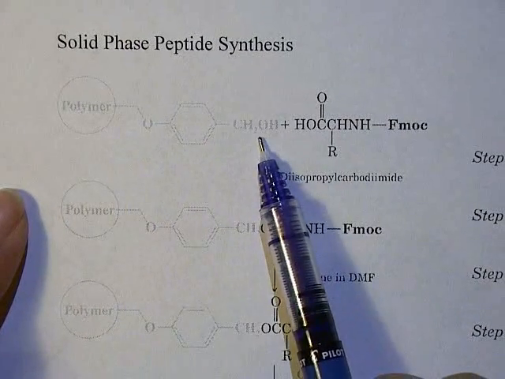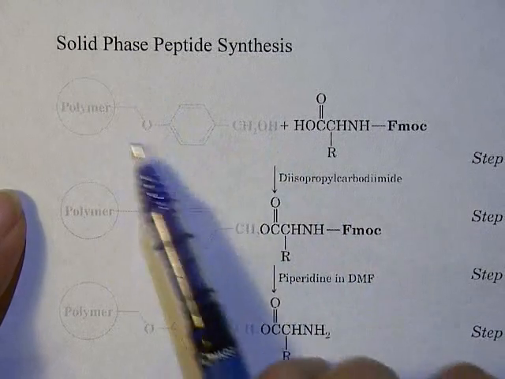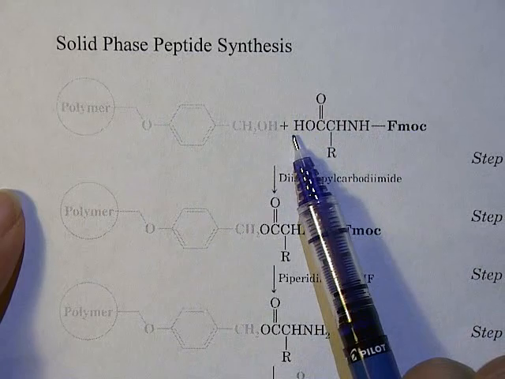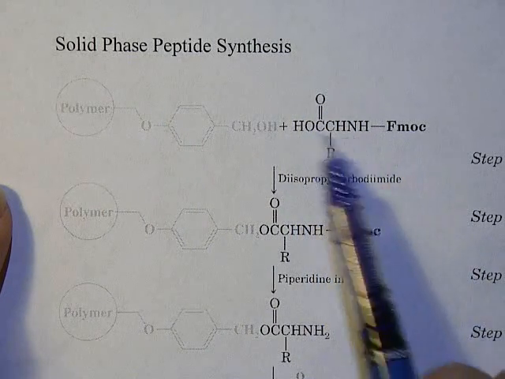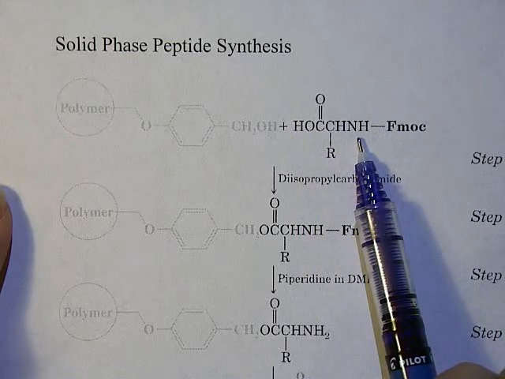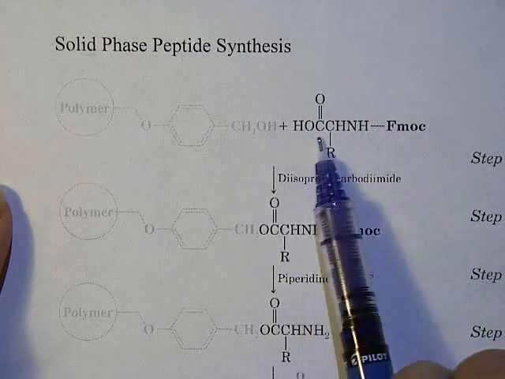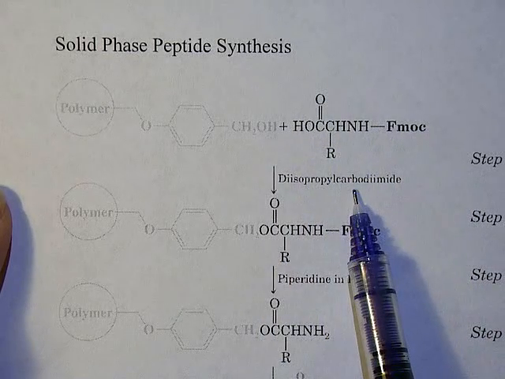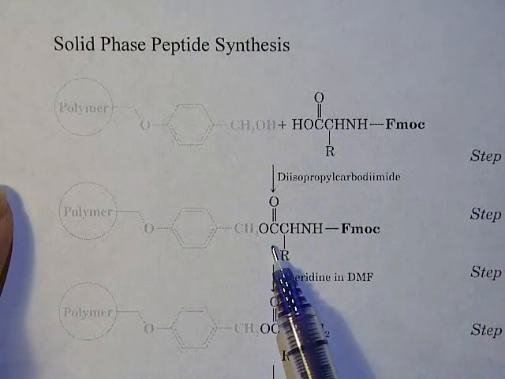So what you do is you have an alcohol group coming off of this polymer, and what you do is then you link your carboxyl group of your amino acid. So you buy this amino acid in which the amino group is protected already, and then you activate the carboxylic acid with DCC, or diisopropylcarbodiimide, and you make an ester functional group here.